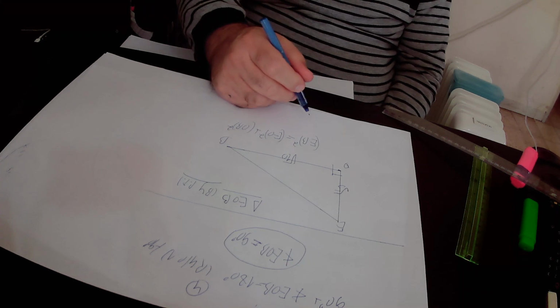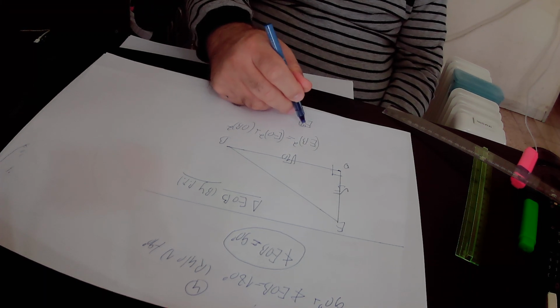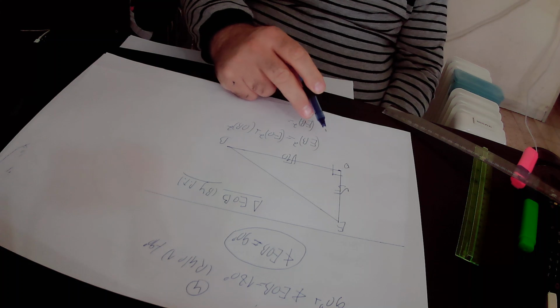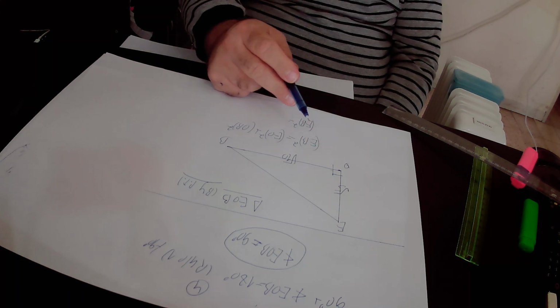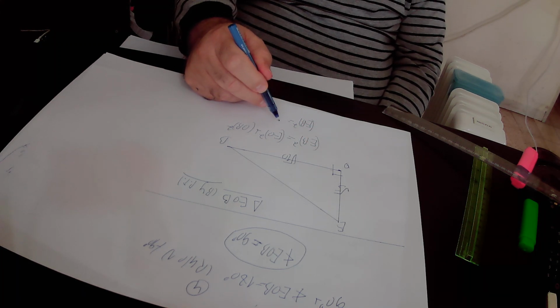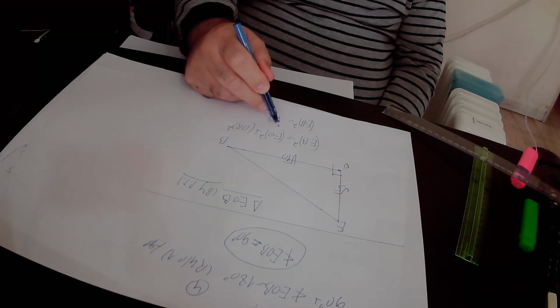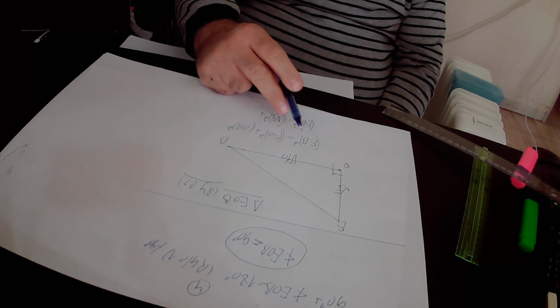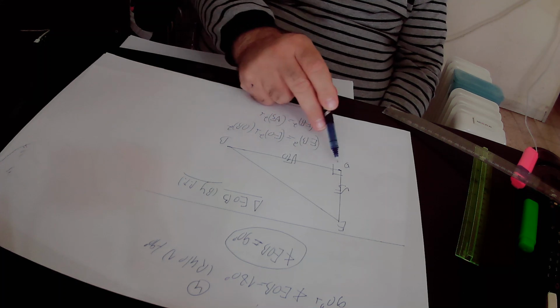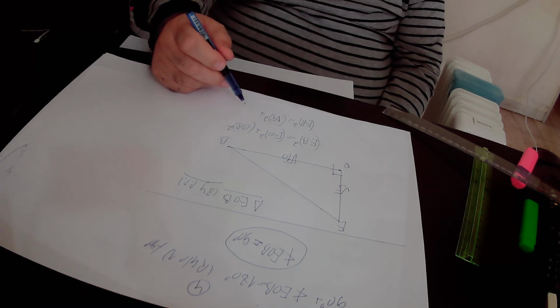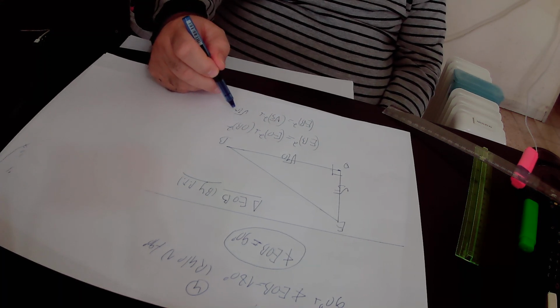So EB squared, that is the square of the hypotenuse, must be equal to EO square plus OB square. EO equals the square root of 5 units, therefore EO square equals the square root of 5 squared. OB equals the square root of 10, therefore OB square equals the square root of 10 squared.